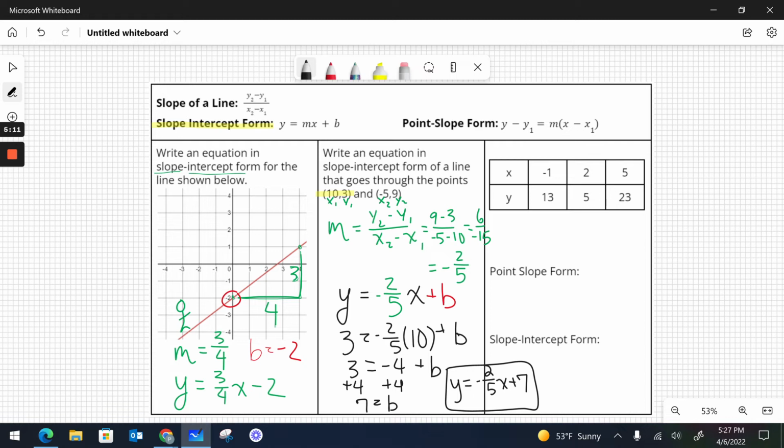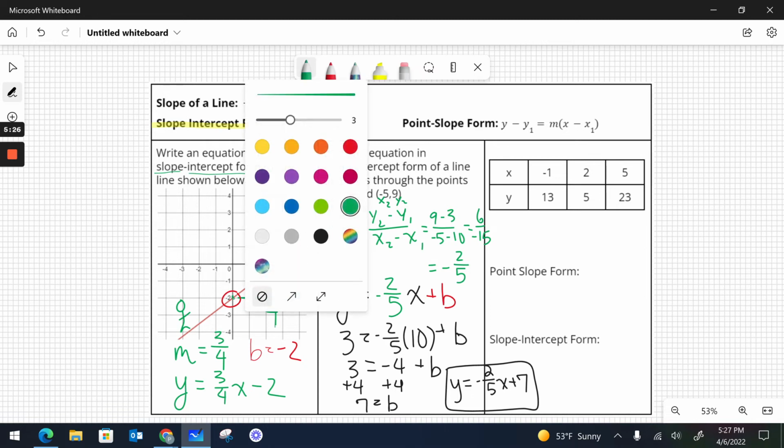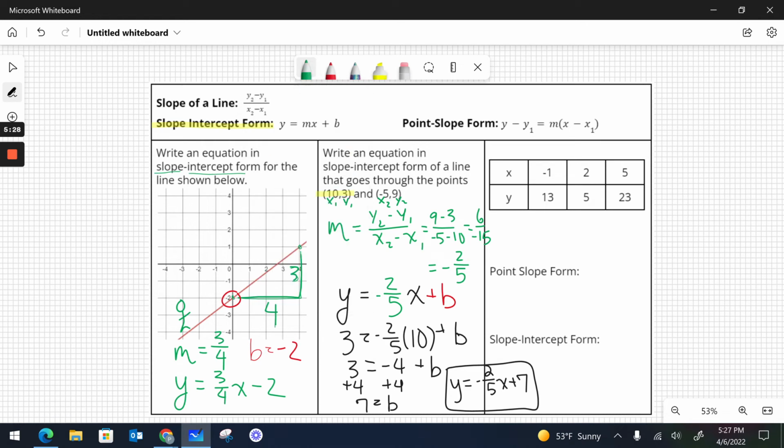Let's look at the last example. We have a table. To write an equation in either point-slope form or slope-intercept form, we need to first figure out what's the slope. So we're going to do y2 minus y1, or that's the same thing as the change in y. 5 minus 13 is negative 8.